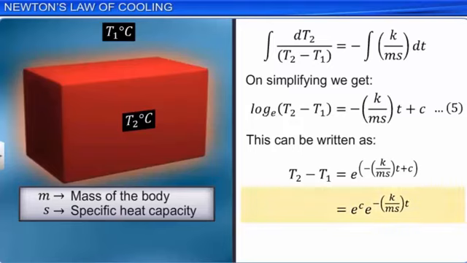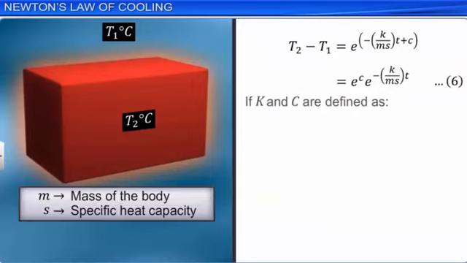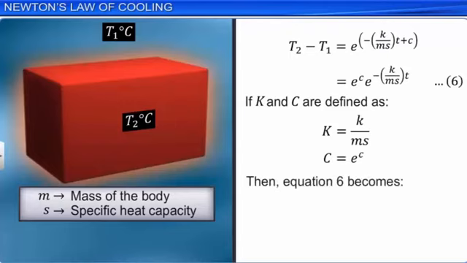If we define K equal to K by Ms and C equal to e raised to the power C, then equation 6 becomes T2 minus T1 is equal to C into e to the power minus kt, or T2 is equal to T1 plus C into e to the power minus kt. Let this be equation 7.